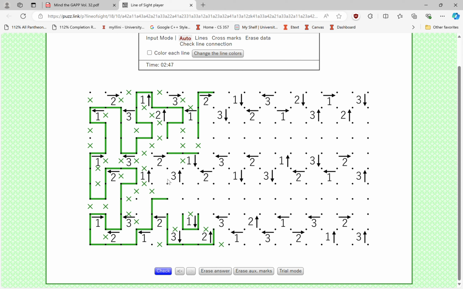If I don't have a 2 line here, I must have one here or all the way back here. It could be all the way back here because I want to break this 3 here. So that's still a possibility.